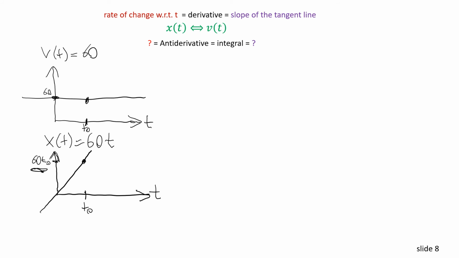I just realized that this area under the curve of v(t) all the way up to t0 looks like a rectangle. Its area is this length t0 times width 60. The area is 60 times t0.